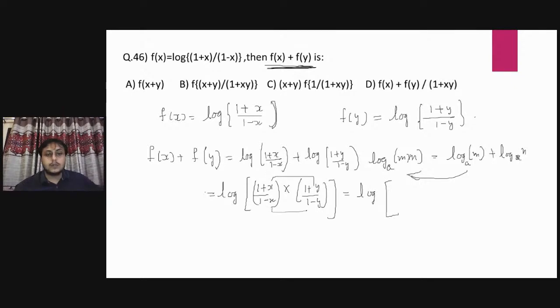This is multiplication, so take the LCM. So 1 plus x into 1 plus y is 1 plus x plus y plus xy, upon 1 minus x into 1 minus y, which comes out to be 1 minus x minus y, minus x into minus y means plus xy, right? Base is 10 here, there is no need to write it.